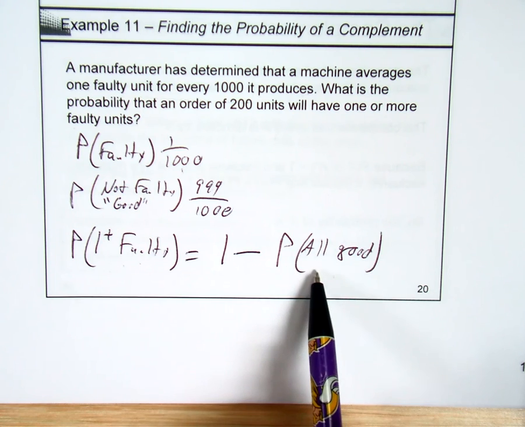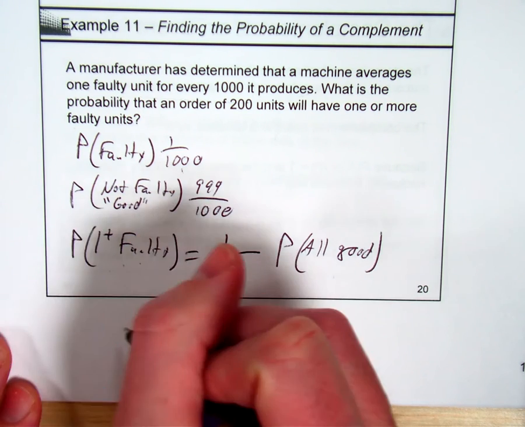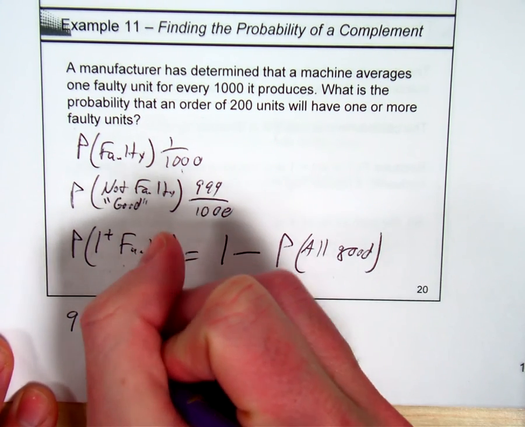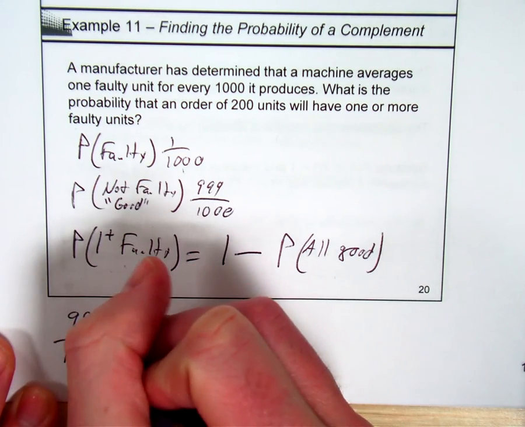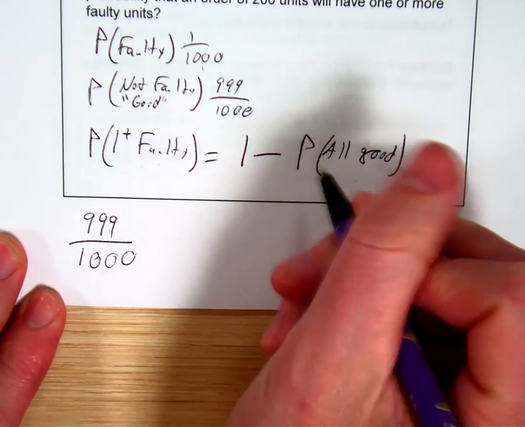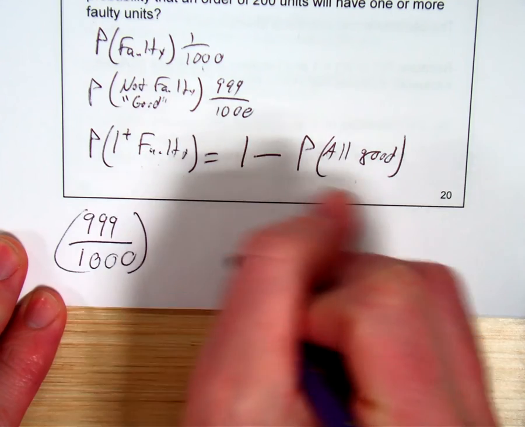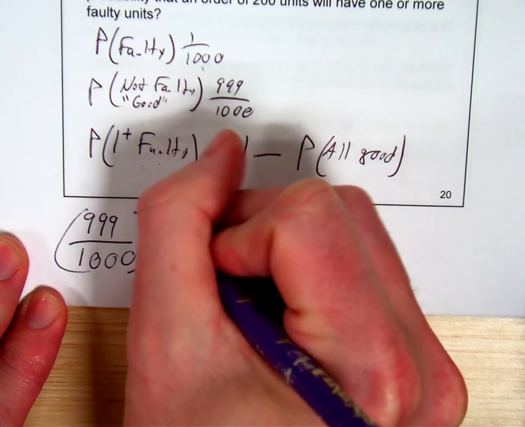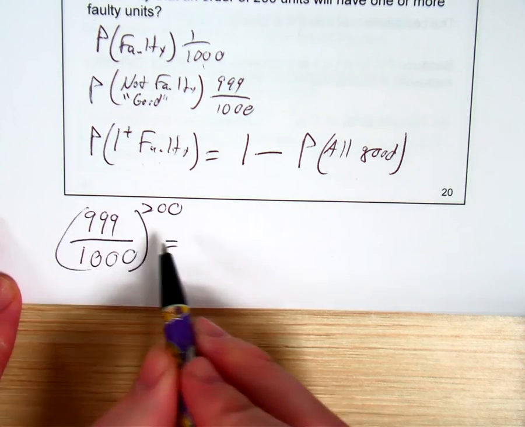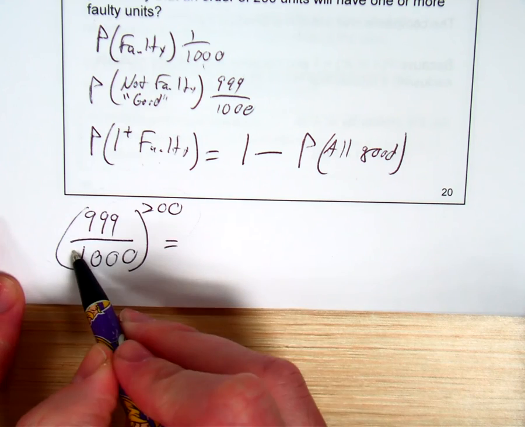Each individual part is a 999 out of 1,000 chance. We have 200 parts, so times itself 200 times, or to the 200th power. That is the probability of all 200 being good.